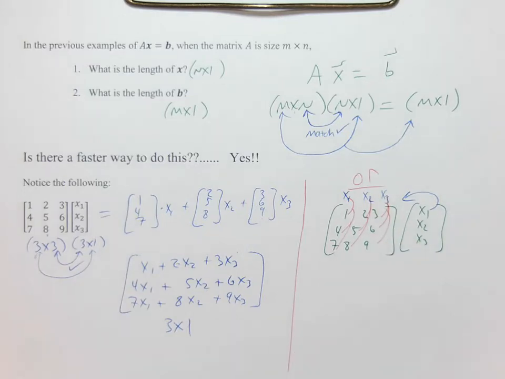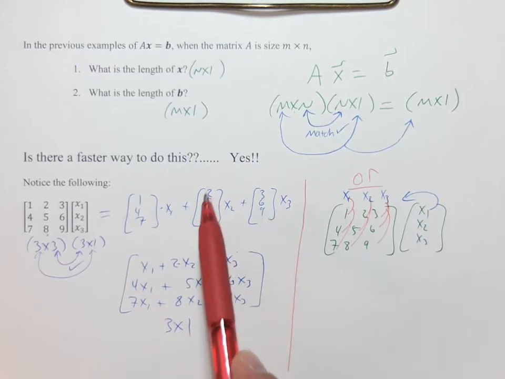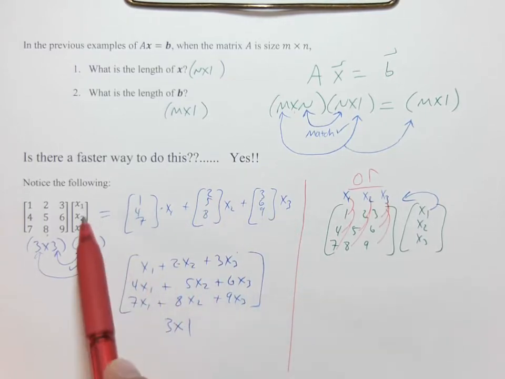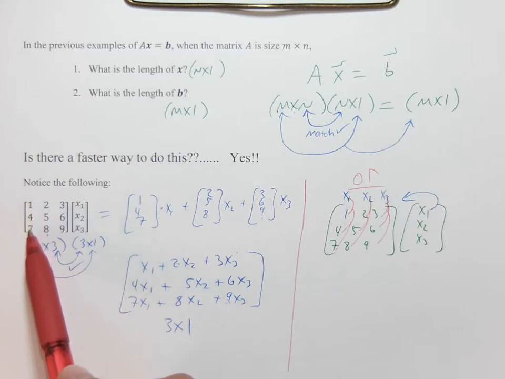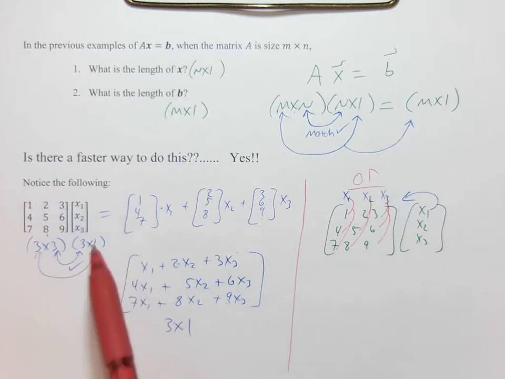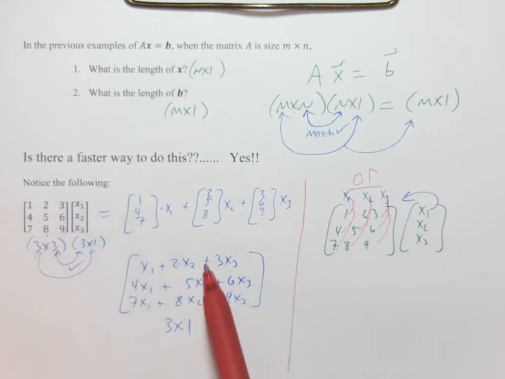So we don't have to write out this intermediate step. We can just jump right down to this step, because I know that this x1 is going to multiply each one of those, and you get that, right? The x2 is going to multiply each one of those, and we get the middle column. So it's just a quicker shorthand to think about this.